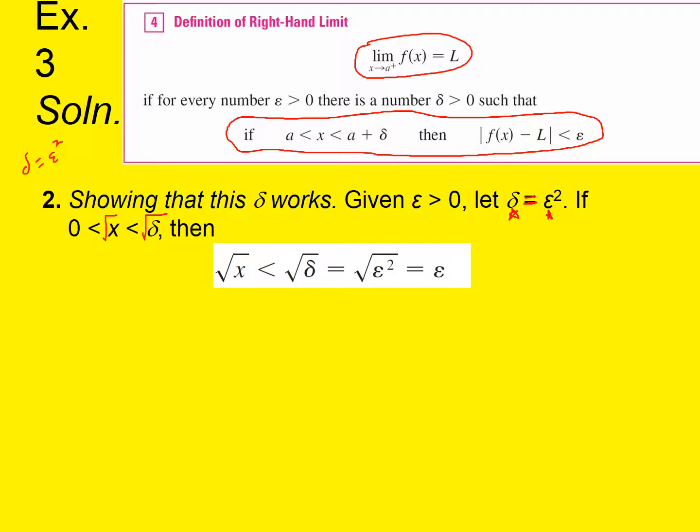In other words, replacing delta with epsilon squared, because that's what we are hypothesizing it to be, we've got the square root of epsilon squared, which is epsilon.